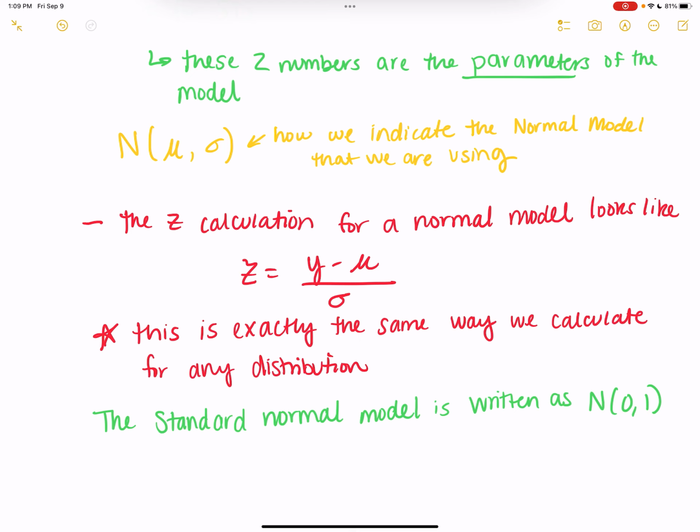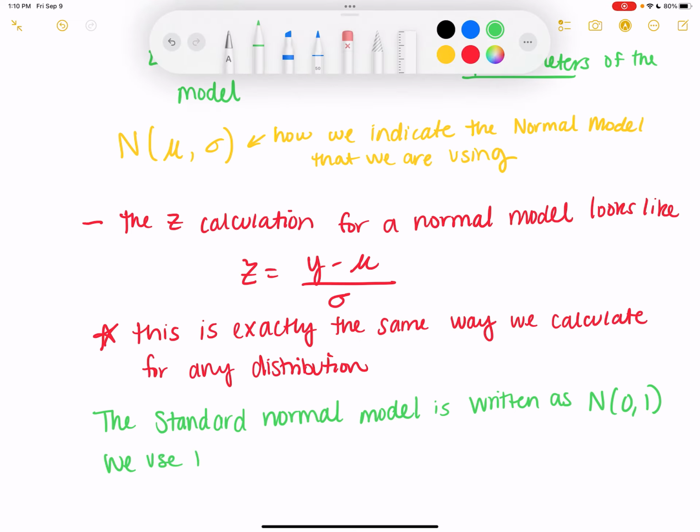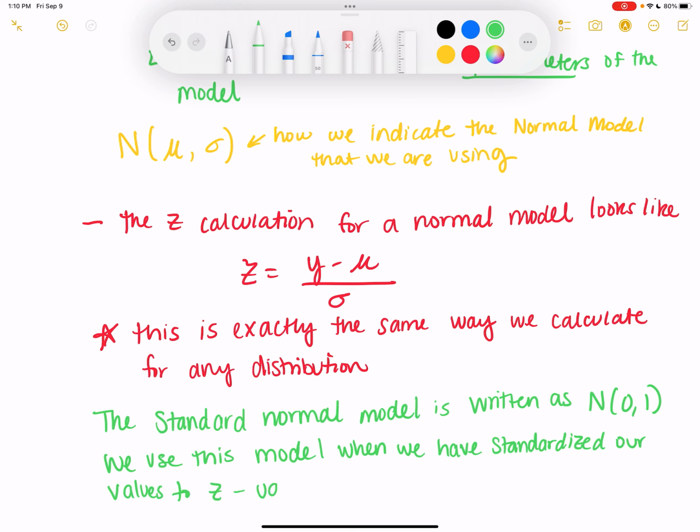It just makes it a little bit easier when everything looks the same, and it doesn't change the data, it just changes what it looks like. So we use this model when we have standardized values to z-values.